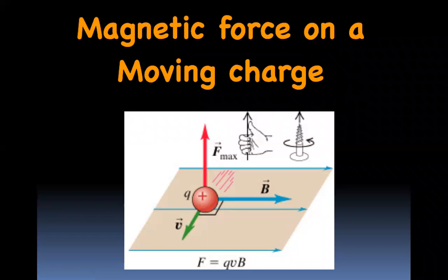Earlier, we have discussed how to get the magnetic field produced by a moving charge. Now, at this point, we are to discuss the magnetic force acting on a moving charge.